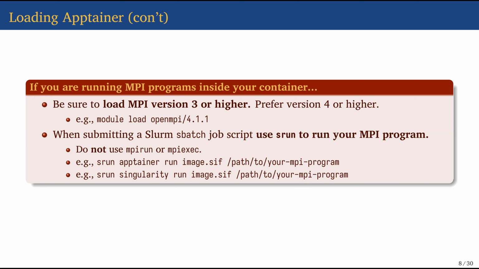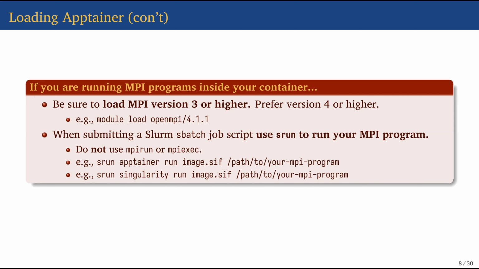And don't use anything before 3. Basically, it can be made to work with version 2. It's difficult, and version 1 is next to impossible. So you want to be using version 3 or higher. Otherwise, you'll get weird errors and things won't work.